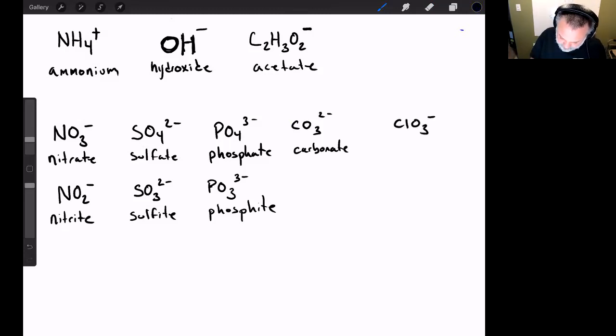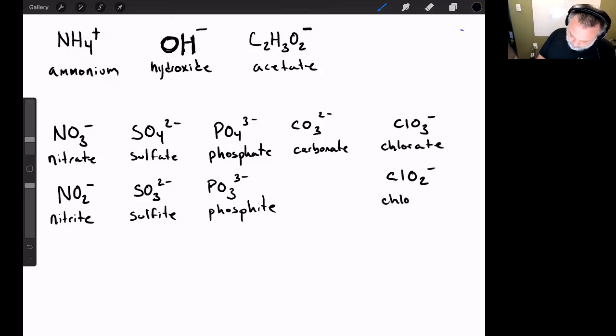ClO3 minus and ClO2 minus. This one is chlorate. What's this one? Chlorite.